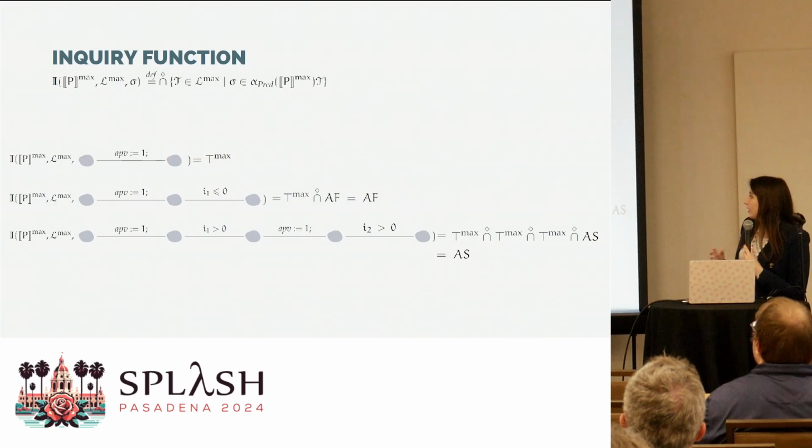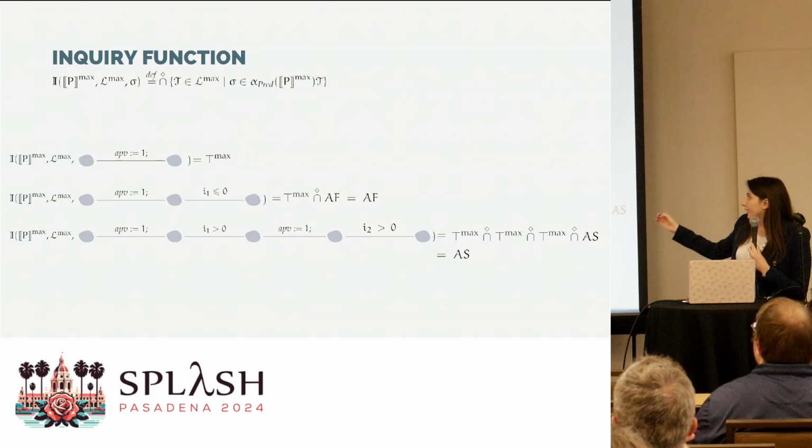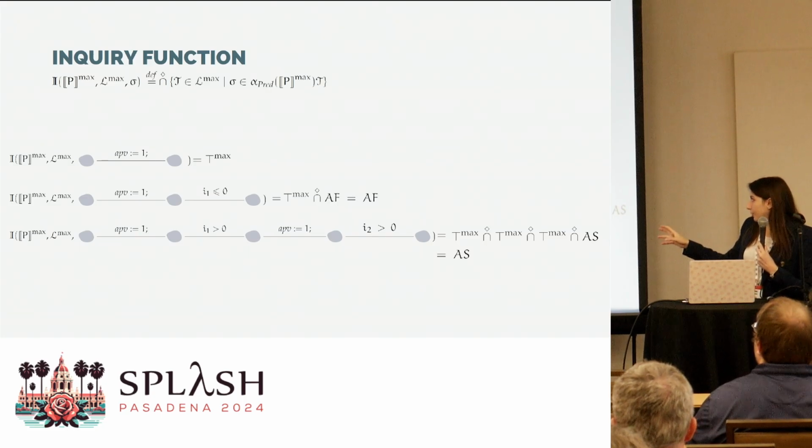The inquiry function, which is based on the prediction abstraction, selects the most concrete behavior that a trace can guarantee among all its prefix traces.